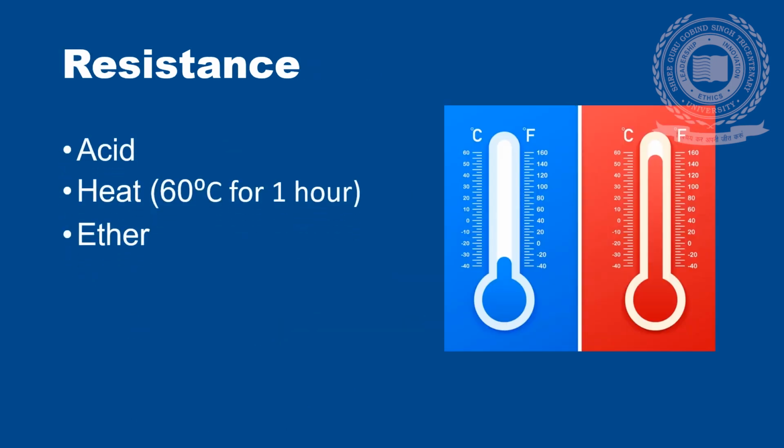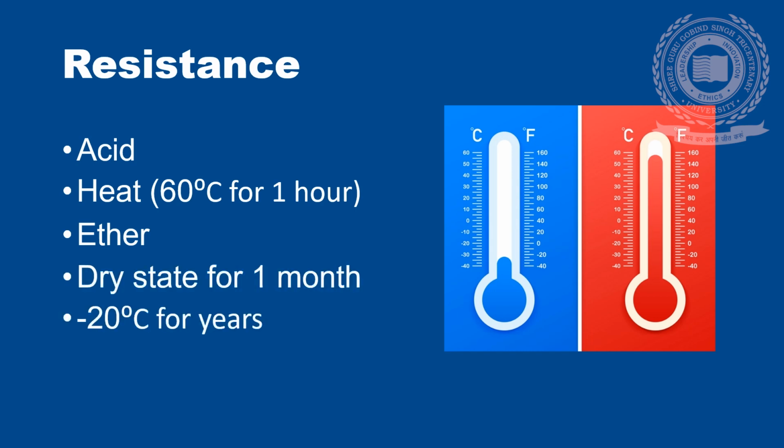Now, this virus is resistant to acid, heat at 60 degrees Celsius for 1 hour, and ether, and it can remain viable for up to 1 month in dry state, and it can be preserved for years at -20 degrees Celsius.